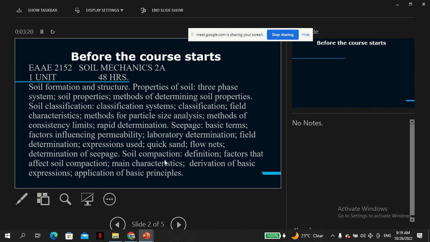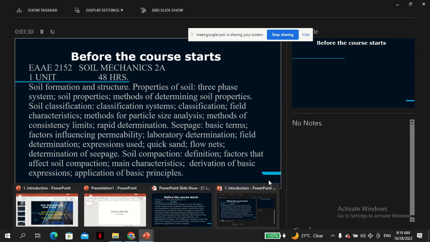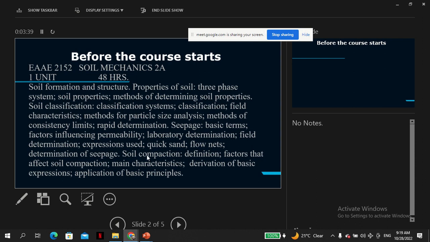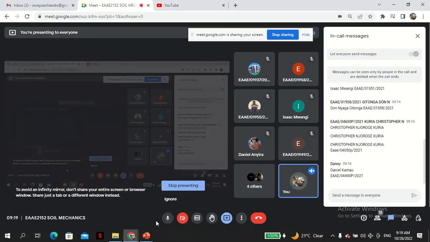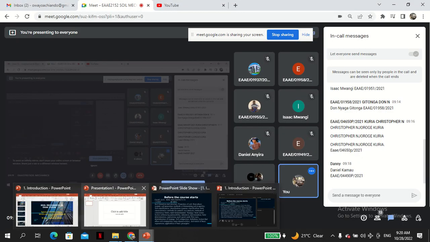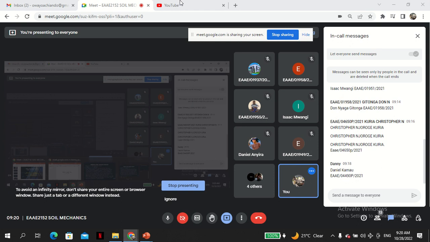We're going to talk about flow nets, determination of seepage, soil compaction, some basic definitions and factors that affect compaction, the characteristics. We are going to derive some basic expressions and see a little bit where such knowledge is applicable.